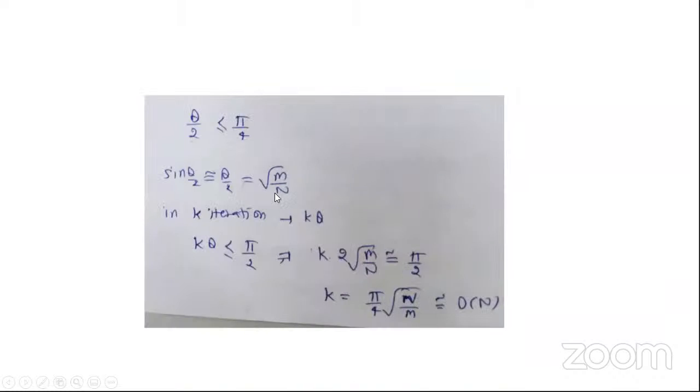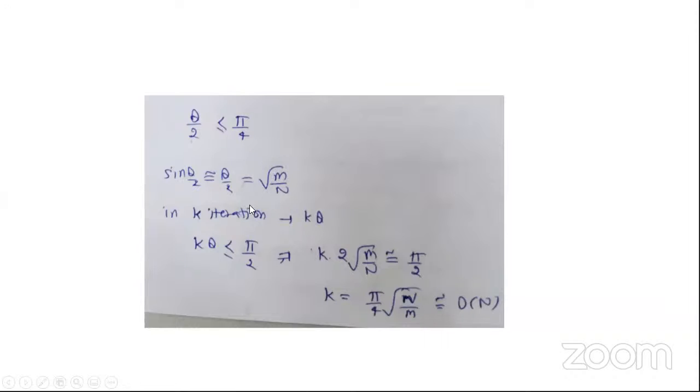When theta is small, we can write sin theta by 2 as theta by 2. This is just a simplification we are using. So theta by 2 is equal to square root of m by n.